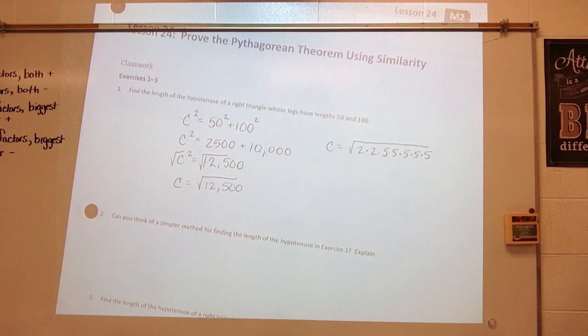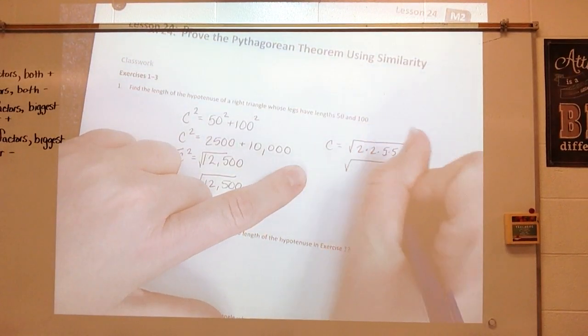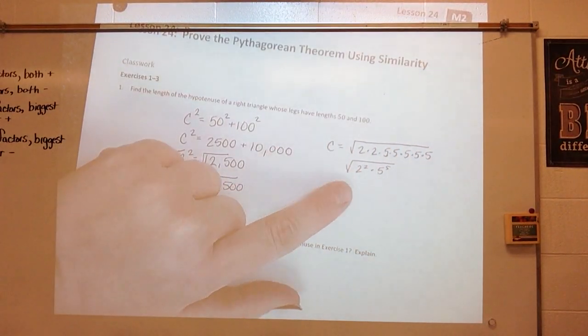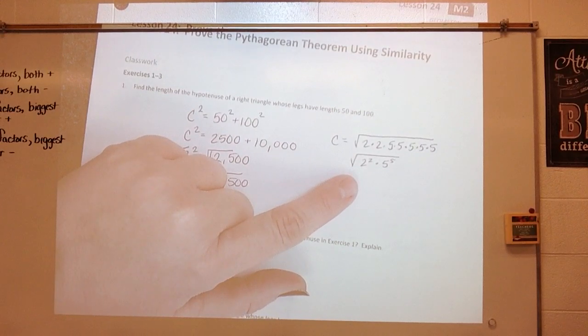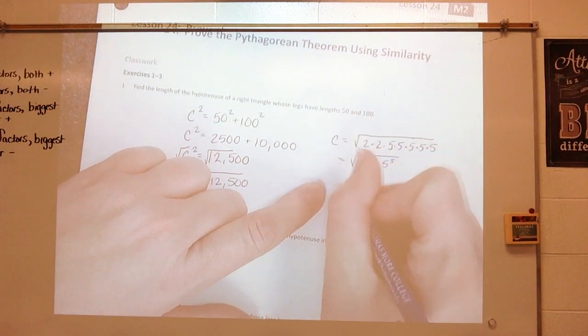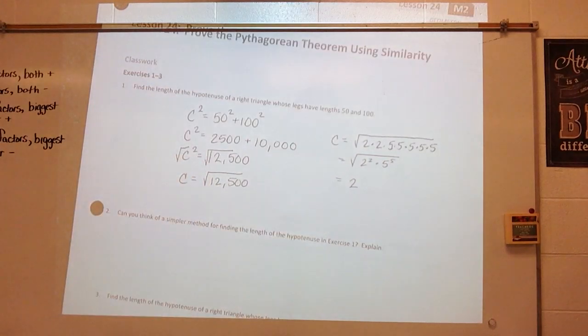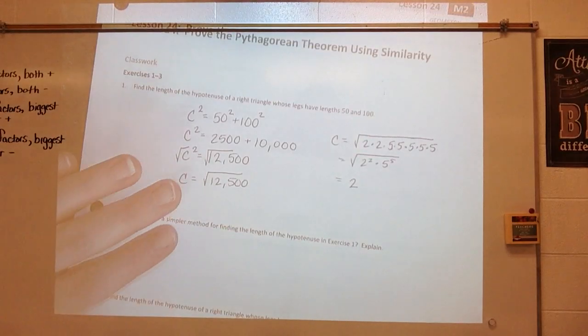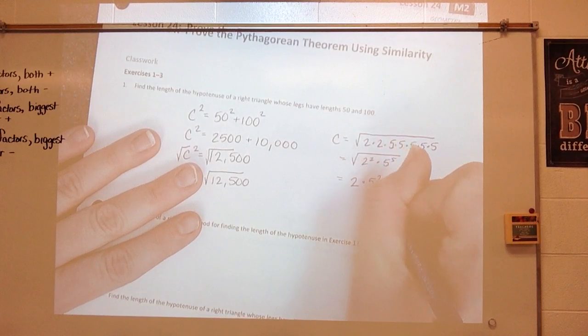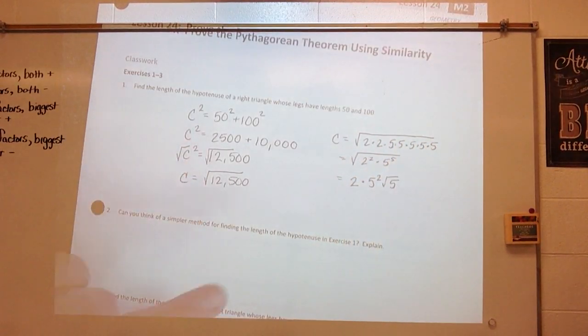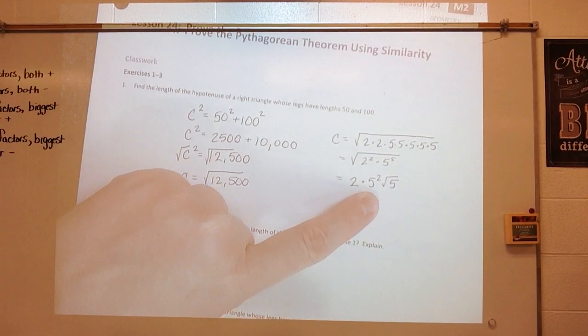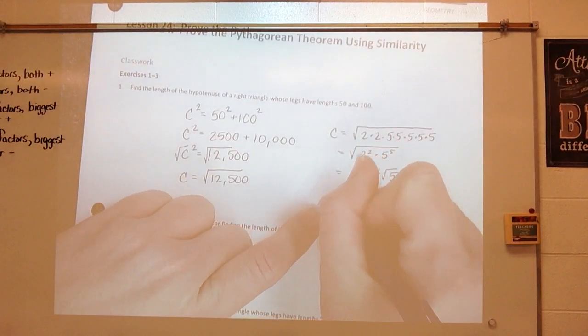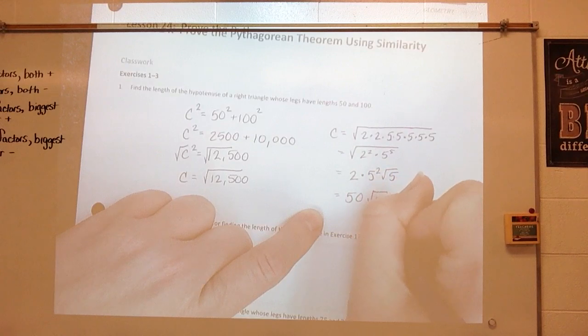So I can look at this as the square root of 2 squared times 5 to the 5th. Well, we know that the square root of 2 squared would be 2. 5 to the 5th I can rewrite as 5 to the 4th times 5. The square root of 5 to the 4th is 5 squared. And then I have the square root of 5 left. So go ahead and multiply this out. 5 squared is 25, times 2 is 50 square root of 5.